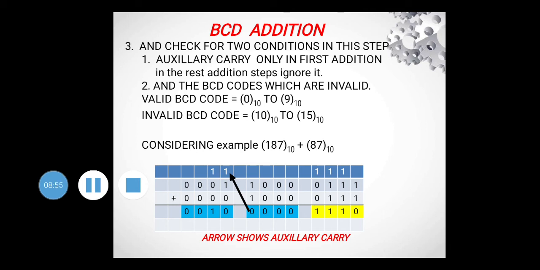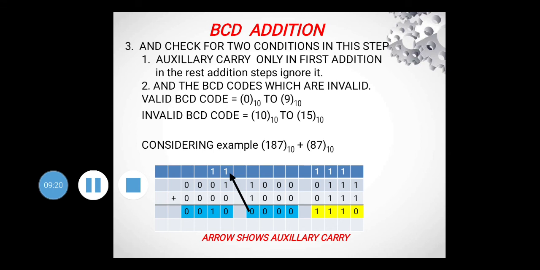And whenever auxiliary carry is generated because of the previous number, you are going to add 6 to that number. So here binary 6, 0110, you are going to add to 0000 because auxiliary carry is generated, and to 1110 you are also going to add 6.